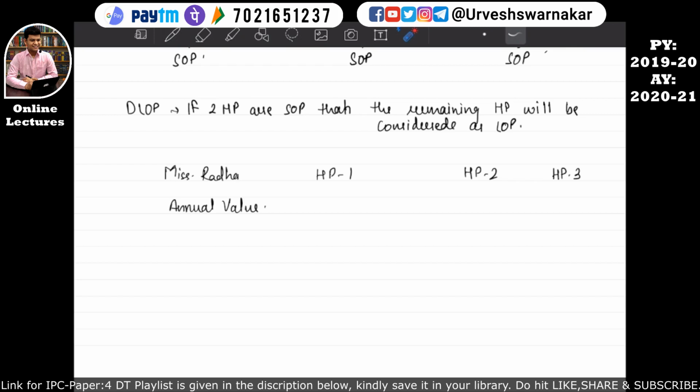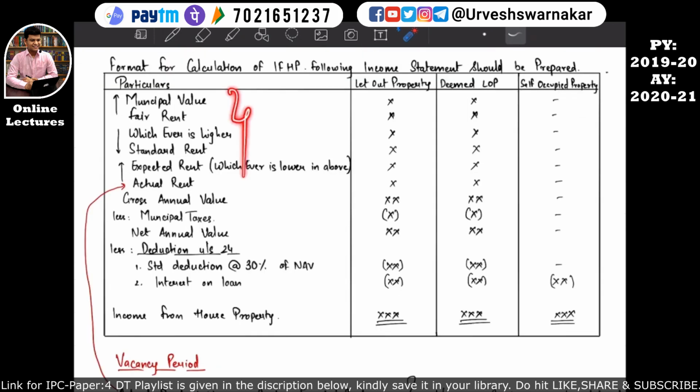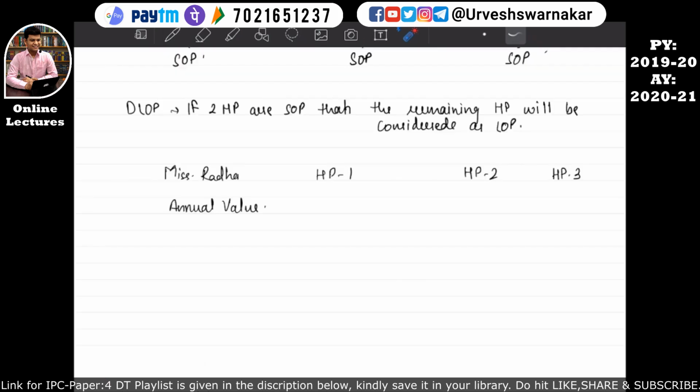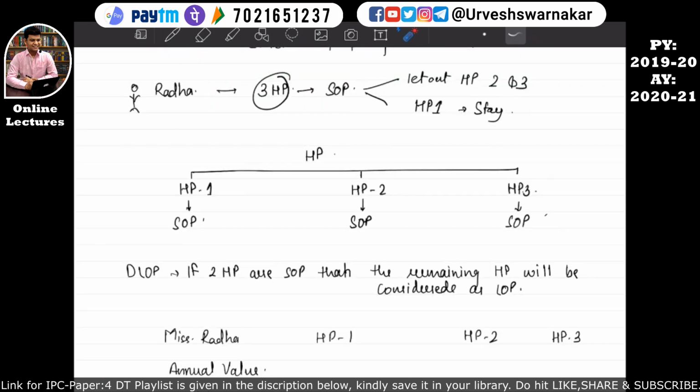You either rent it and earn an income, okay, and pay the taxes. But if you are not willing to rent that house property, then you have to pay the taxes as per the formula, even if you have not actually received any rent. I hope this is quite clear. So the explanation was quite tricky, but when we solve the sum, that time things will become real easy.